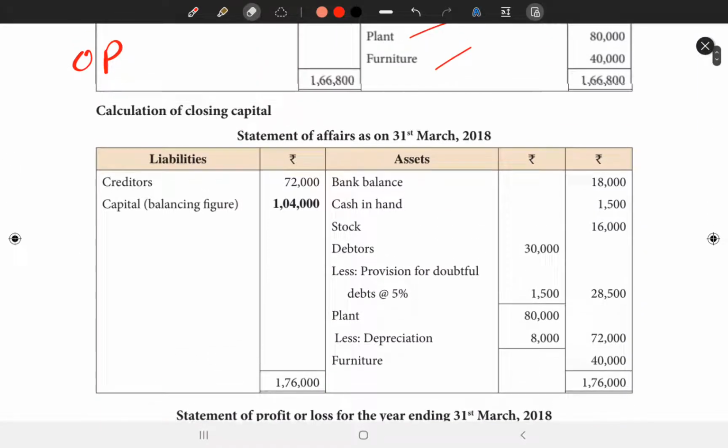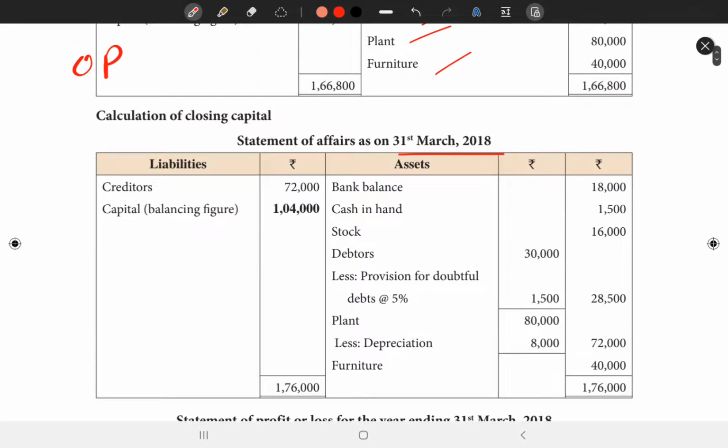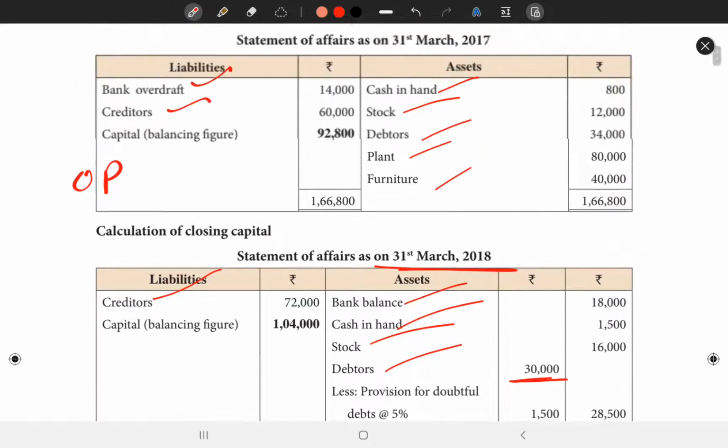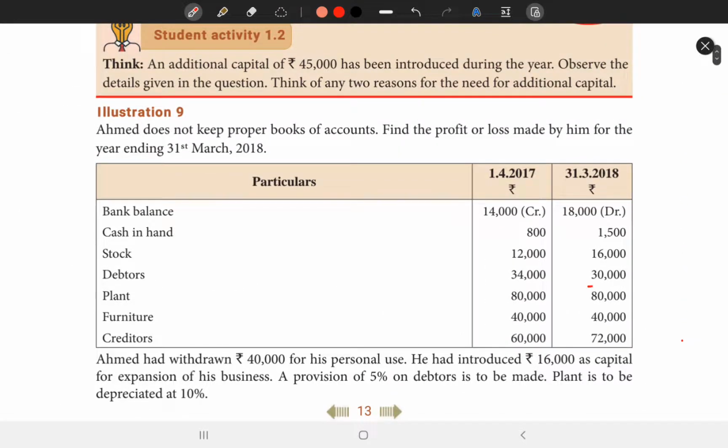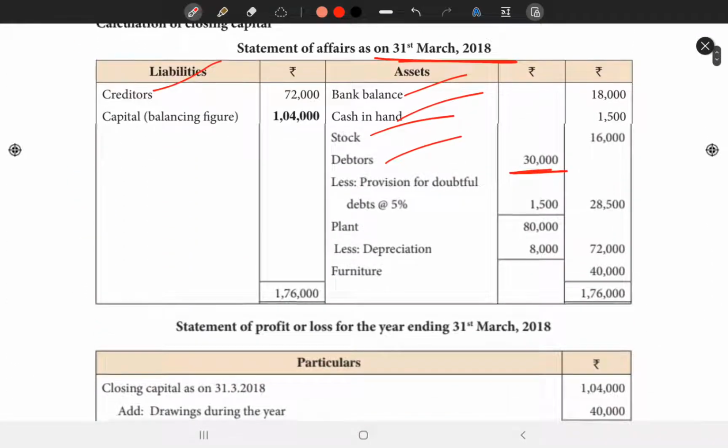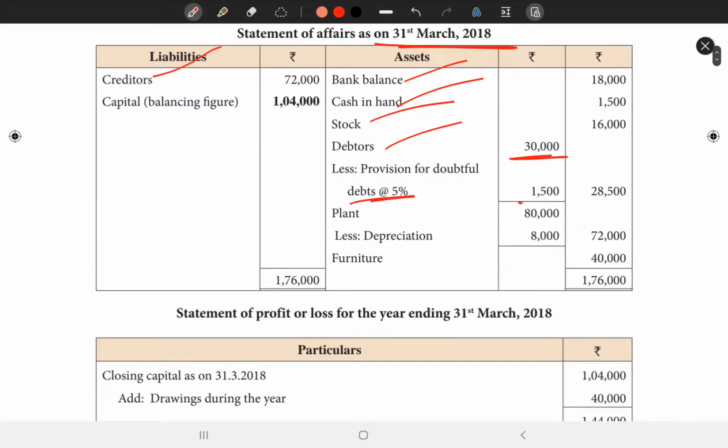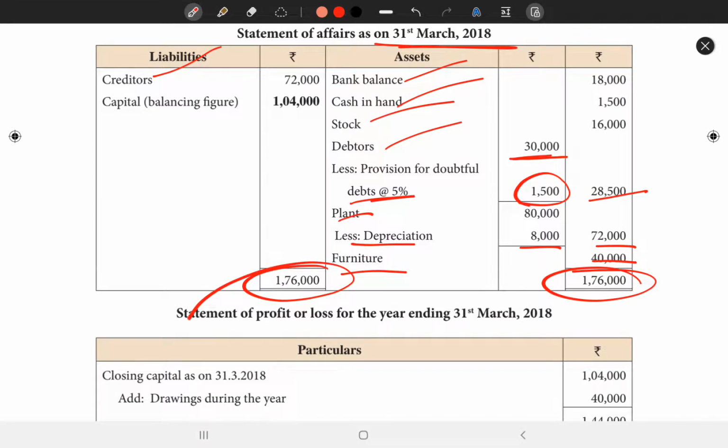Let's see the statement of affairs as on 31st March, which is closing: creditors given, bank balance, cash, stock, debtors. Debtors are 30,000 because the closing amount is 30,000, and the 5% provision is subtracted, and plant less depreciation, and furniture, and it will be equalized.